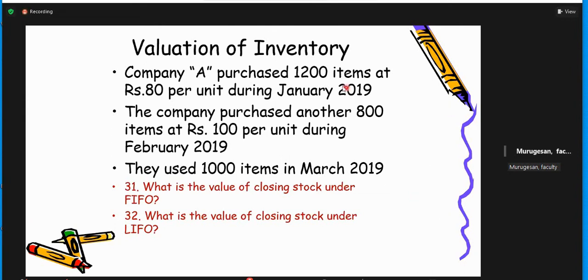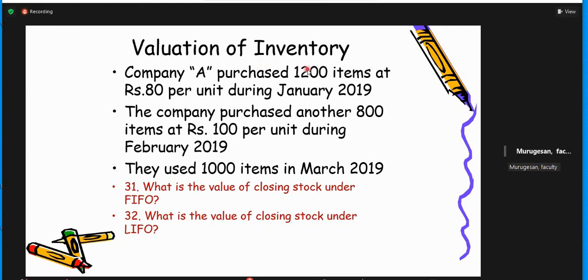On the valuation of inventory, normally units value under FIFO. Note down the expansion: first in, first out. There are two ways of using and valuing inventory.